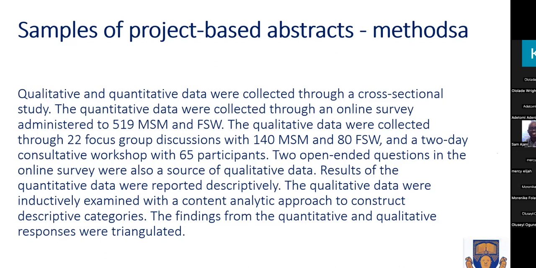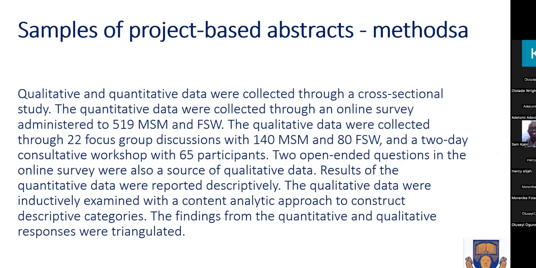Results of the quantitative data was reported descriptively. The qualitative data were inductively examined with a content analytical process to construct descriptive categories. The findings from the quantitative and qualitative response was triangulated.